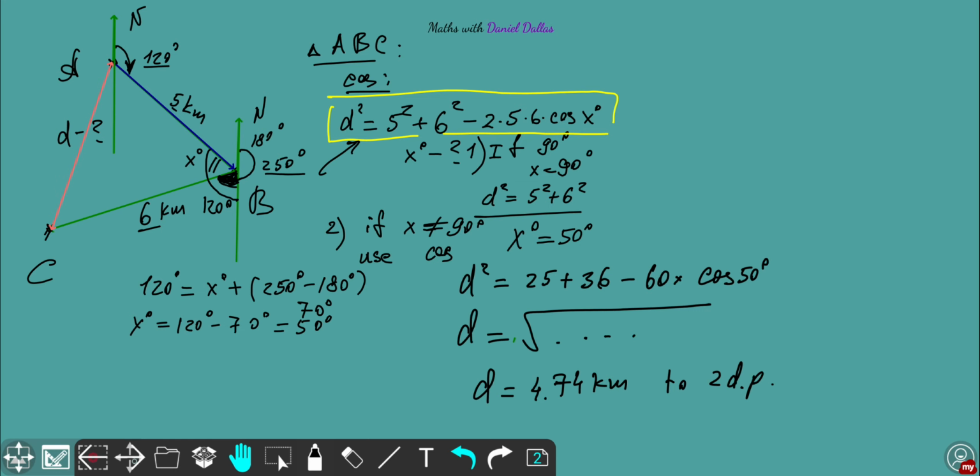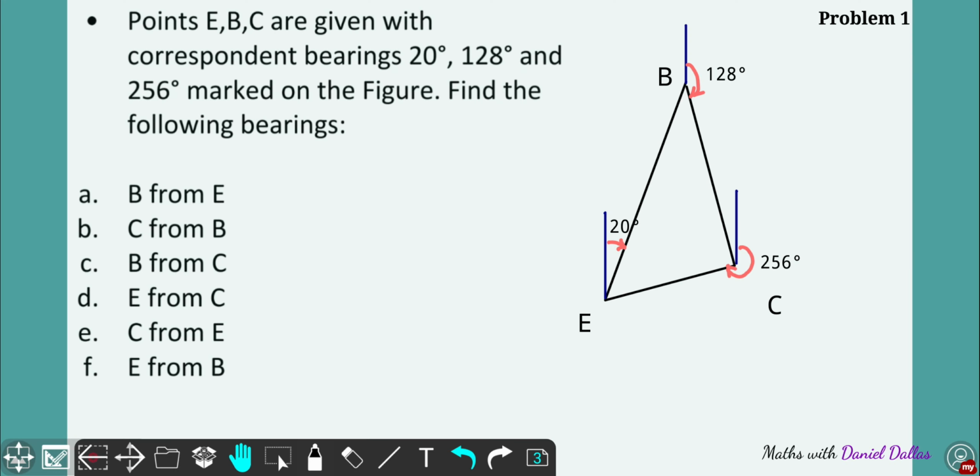Today we're going to go through examples, and the first problem is where we need to find all the bearings for different points.